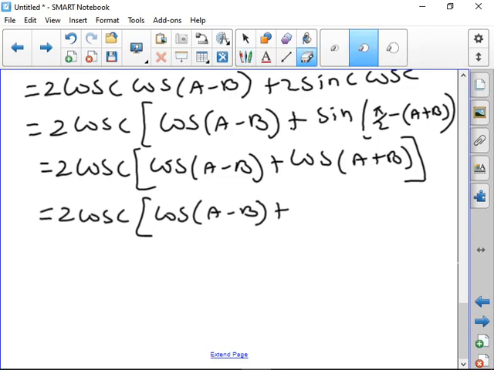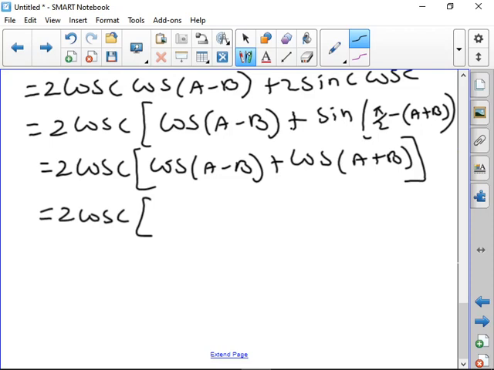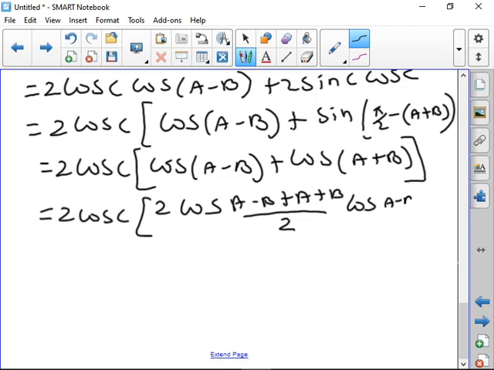Okay, now we will use the cos C plus cos D formula. So what is the cos C plus cos D formula? 2 cos (A-B plus A+B)/2 and cos (A-B minus (A+B))/2.